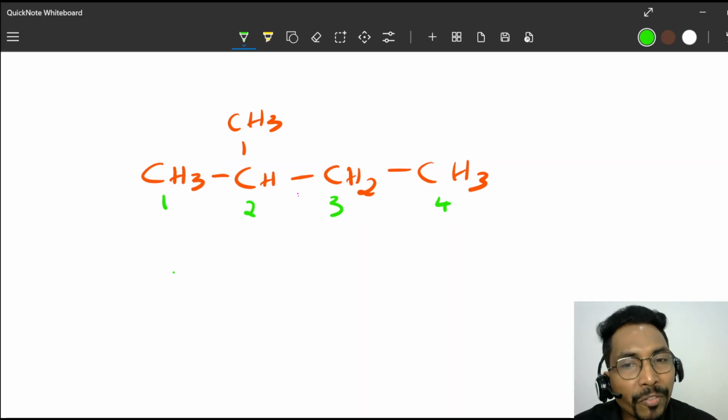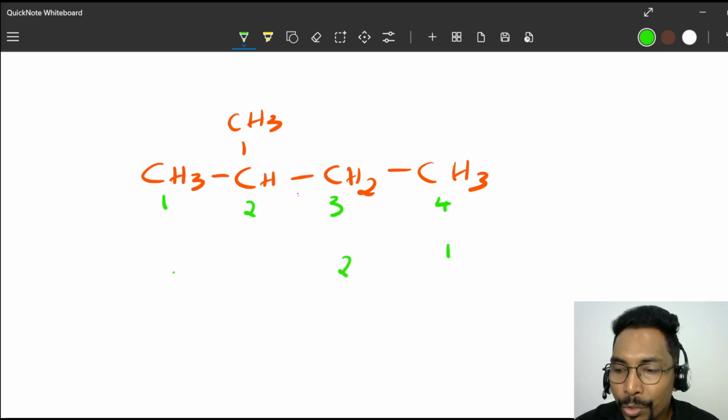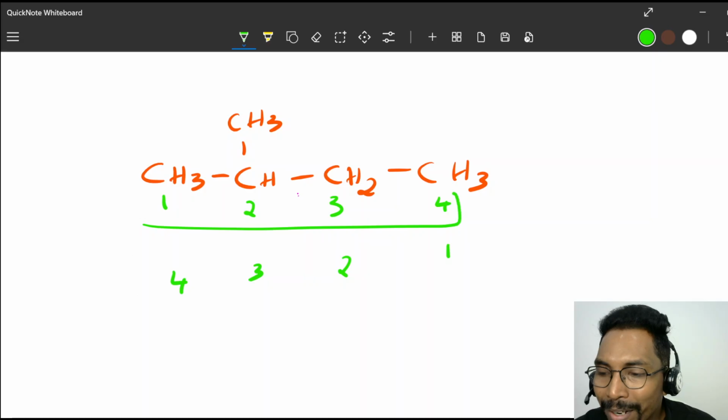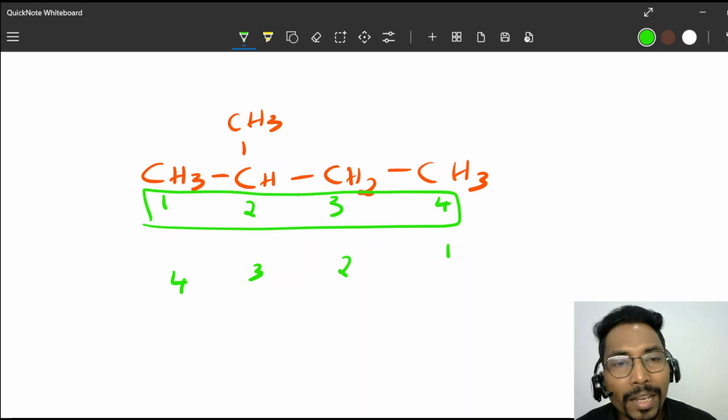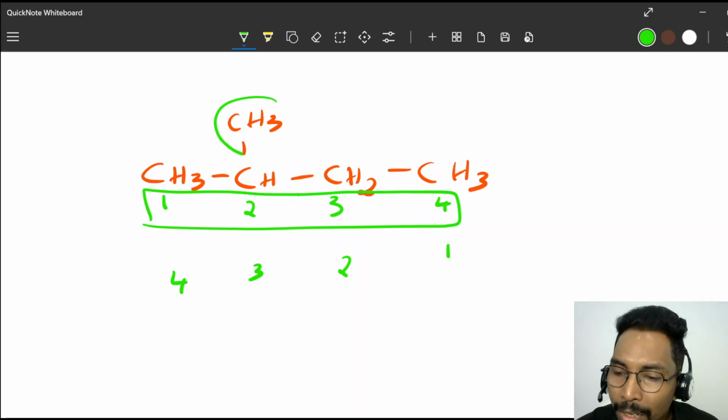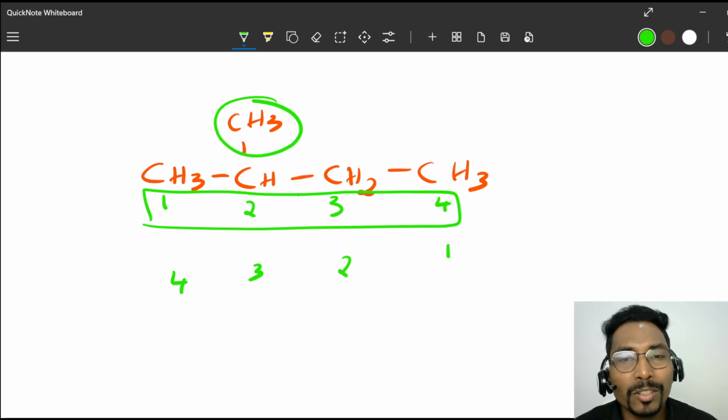So this is the preferred numbering in this case. Why am I not supposed to number from this side like this: 1, 2, 3, 4? Which numbering is correct? This numbering is correct. That is very important. Why? Listen, this is the branch in this compound.